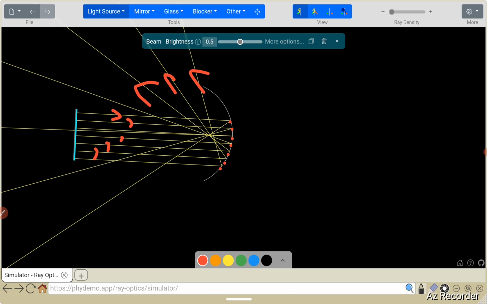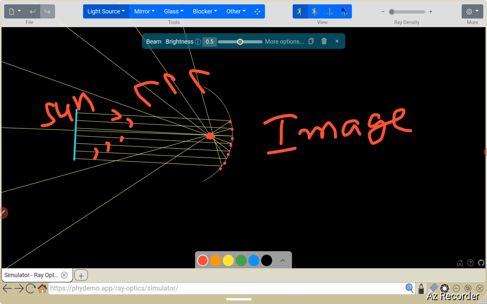Now, after reflecting, they are meeting at this point. This point will form the image. For example, if we take the sun here, the sun's rays are falling on the concave mirror. Now you take one paper placed here and arrange it so that all the reflected rays meet at one point.